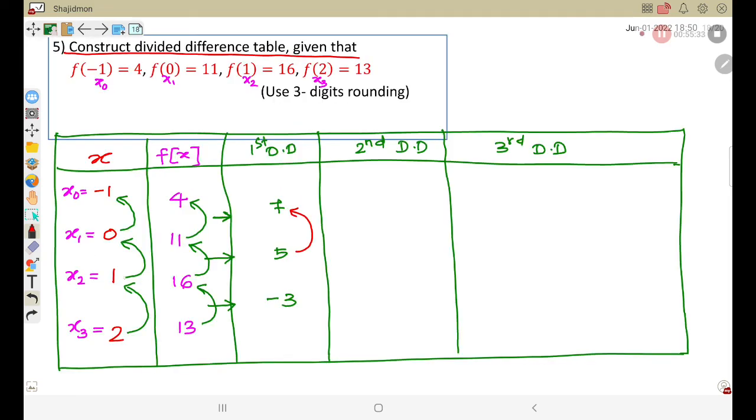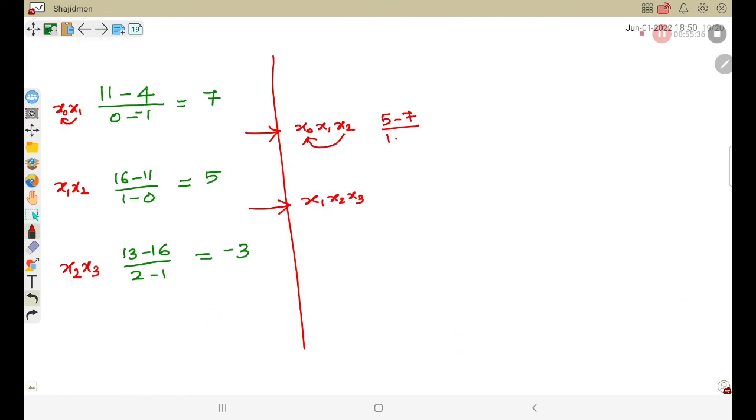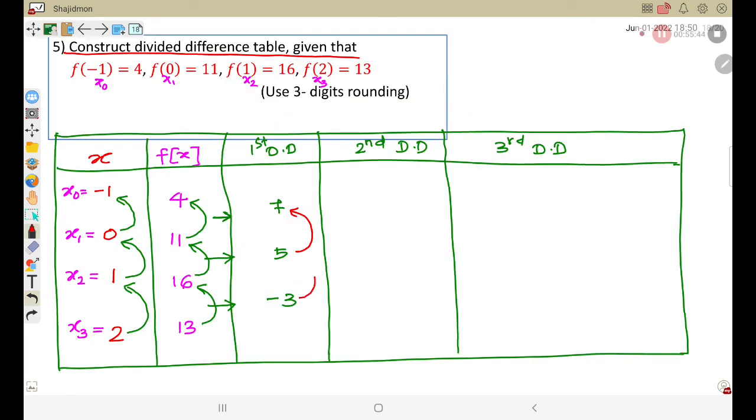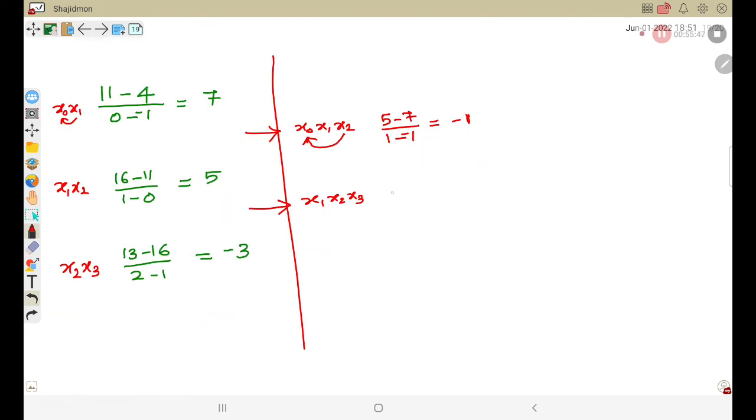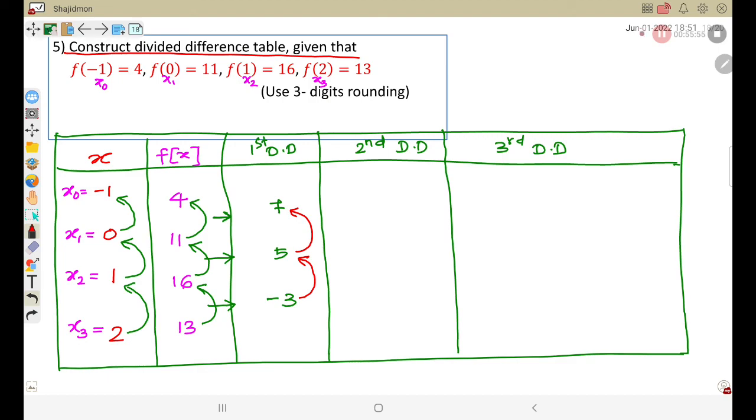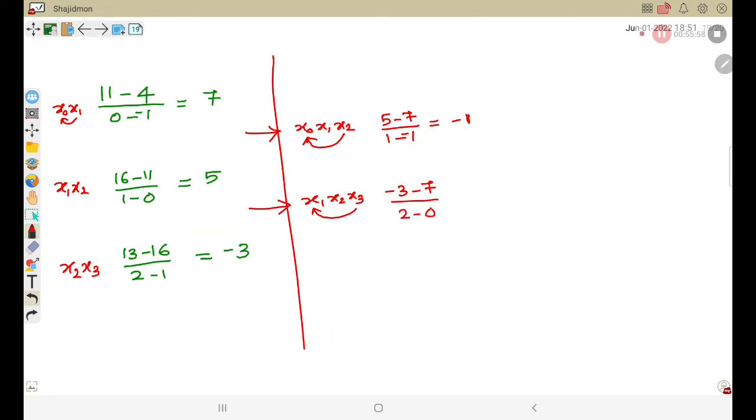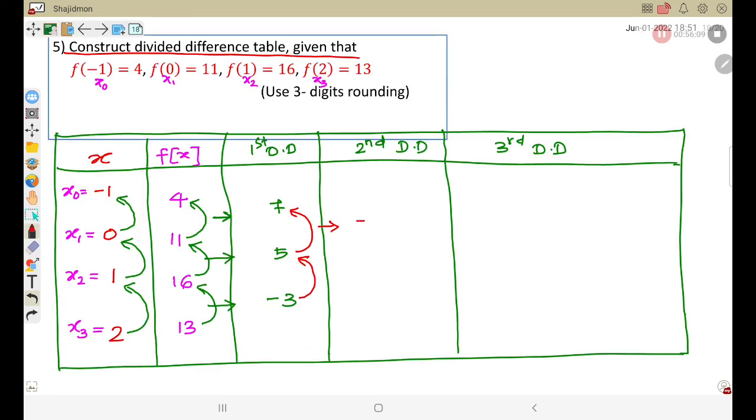What is x2? 1 minus minus 1, that is 1 plus 1. So we get minus 1. Next, minus 3 minus 5, second number minus first number, divided by x3 minus x1, that is 2 minus 0. Be careful with the division so it will not confuse. Minus 4. Here the middle is minus 1, and here the middle is minus 4.